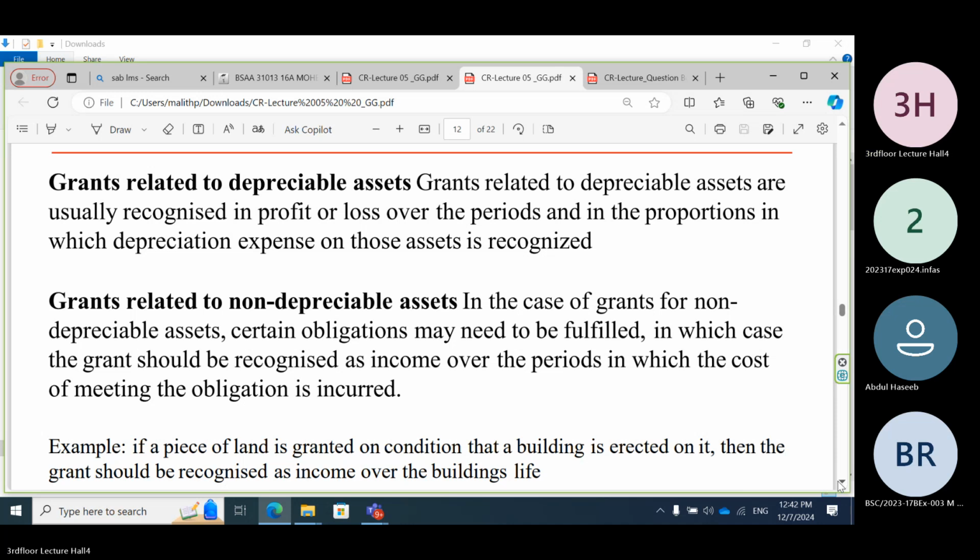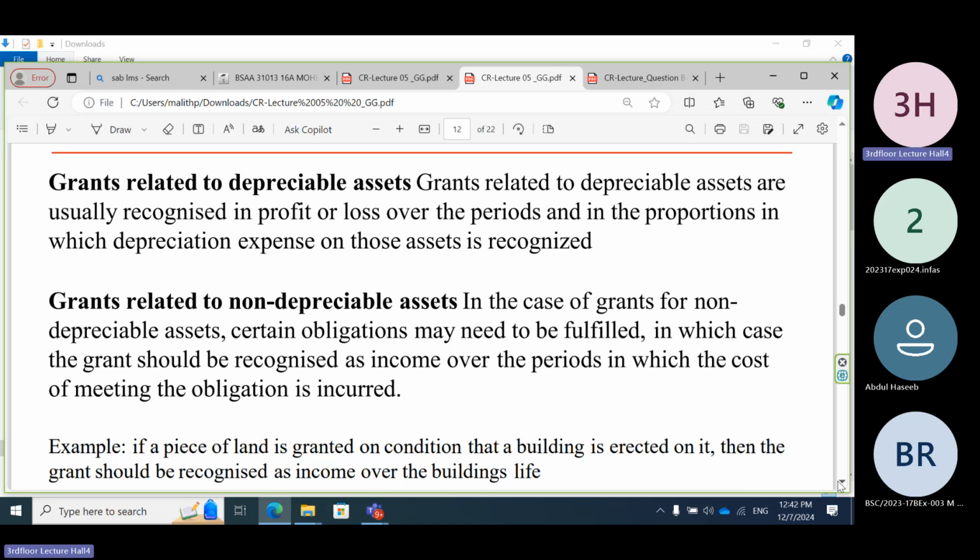If a piece of land is granted on condition that a building is erected on it, then the grant should be recognized as income over the building's life. Building's life.